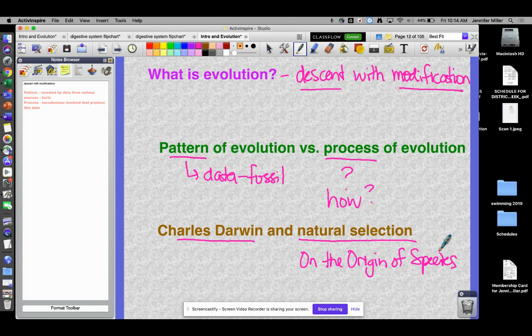Several of his friends, Wallace, and you're going to see here Lamarck, were trying to come up with the process of evolution. They came up with basically the same thing he did. So he decided to publish before he died just to sort of get the credit. So you'll see he had the backing of some of his friends to do that. But this is where Charles Darwin comes to the forefront, because of this book, On the Origin of Species.